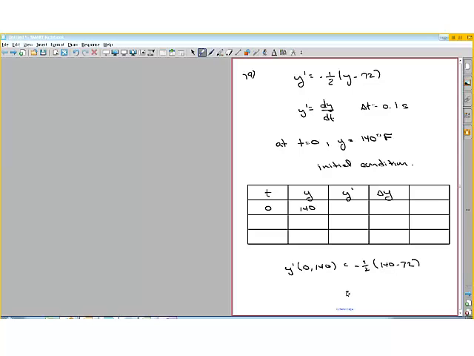And if you plug that into your calculator, you get negative 0.5 times the quantity 140 minus 72, and that's negative 34. So that's the slope, negative 34.